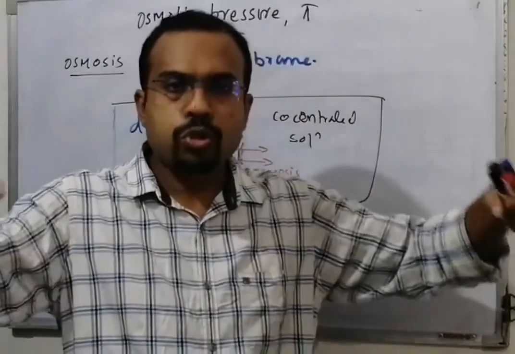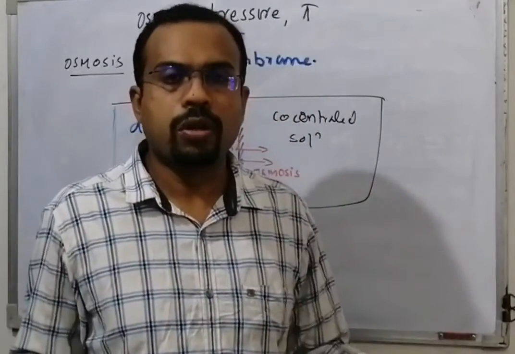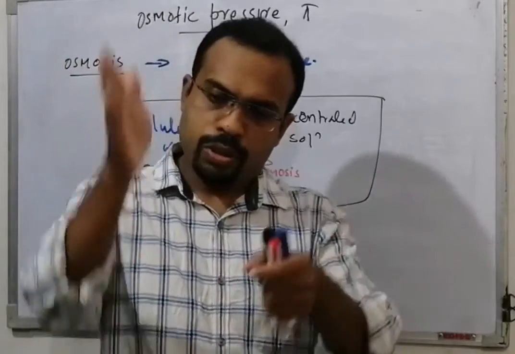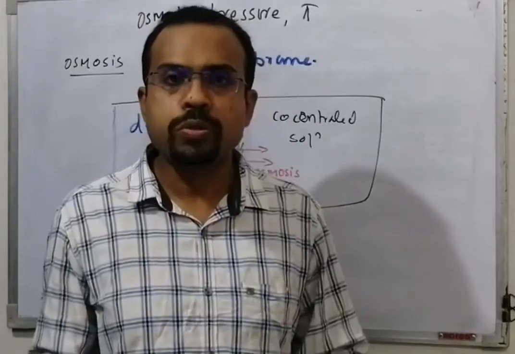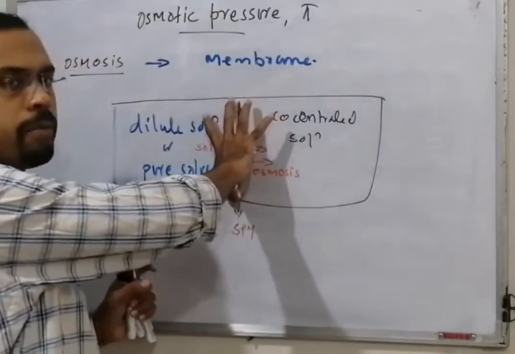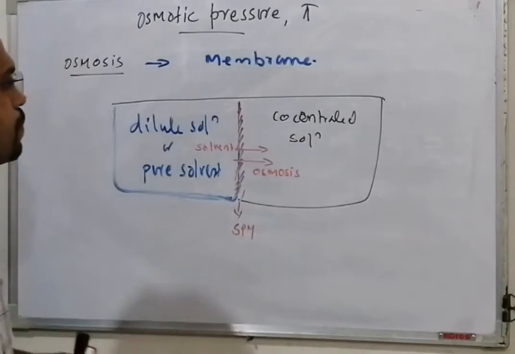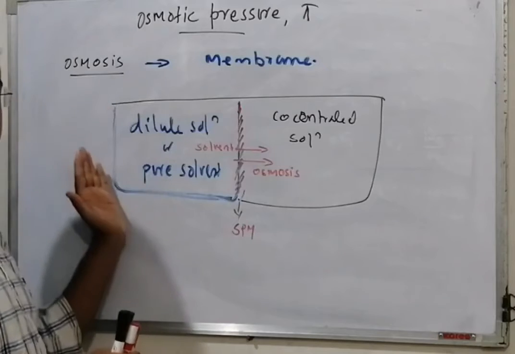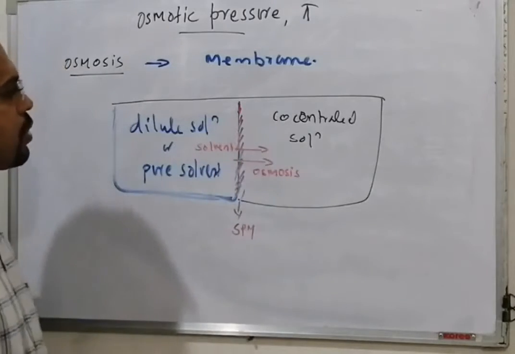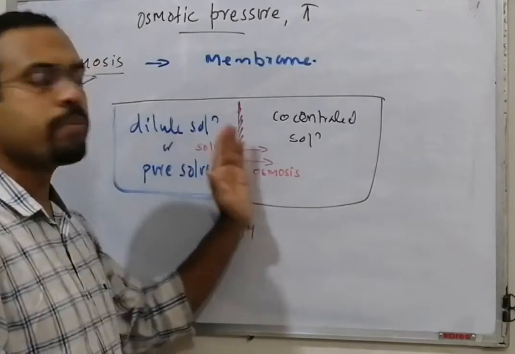Suppose you have a cycle tube or car tube or lorry tube. You cut it into two parts, then join them with a semi-permeable membrane fitted here. Now this side of the tube is dilute solution and this side is concentrated solution. Solvent starts moving from here to here.